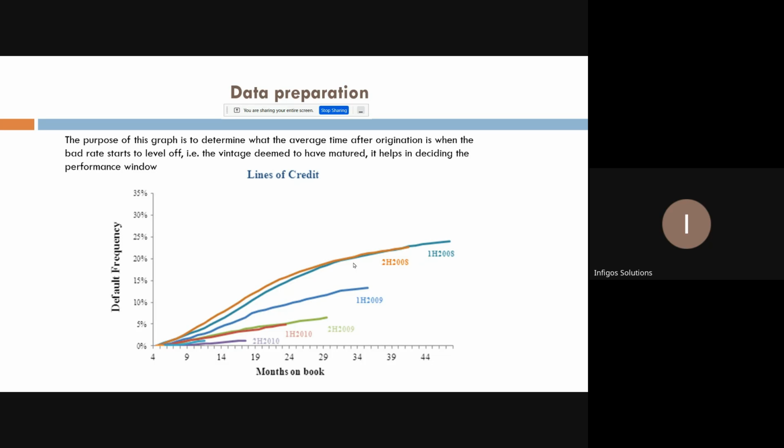So if you can convince them this is how it works in vintage, and they are okay with that, you are fine. This is how it looks in roll rate. If they are convinced with that, you are fine. But you need to convince them strongly based on the data analysis. Not only one person, at least 10% you need to convince.